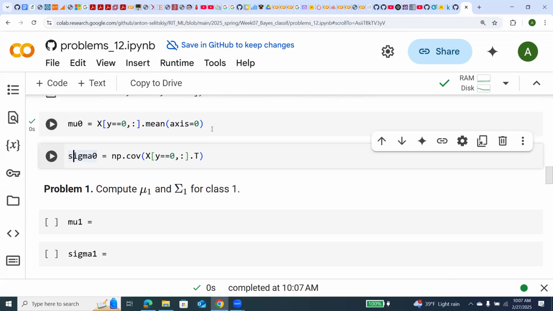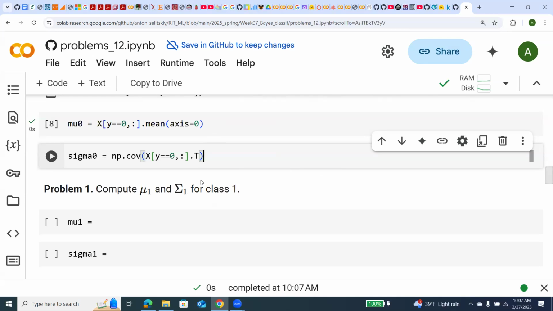And then we calculate covariance matrix with np.cov of these lines. But for some reason, in NumPy, it assumes that data are in columns. So that's why I use also transposition, because we use typically data in rows. If you calculate without transposition, the shape of this matrix will be the number of points times the number of points.